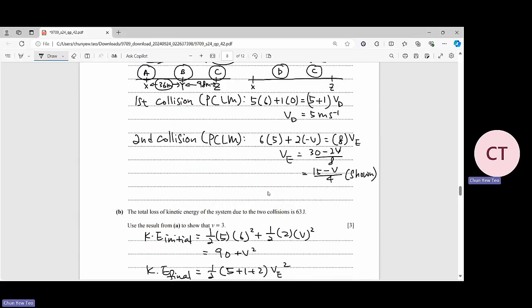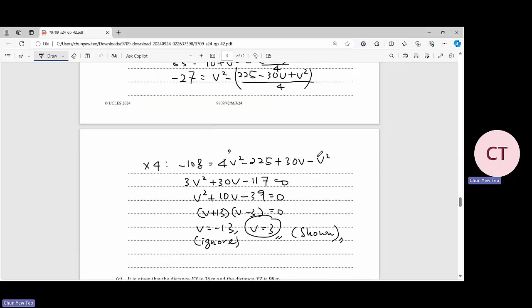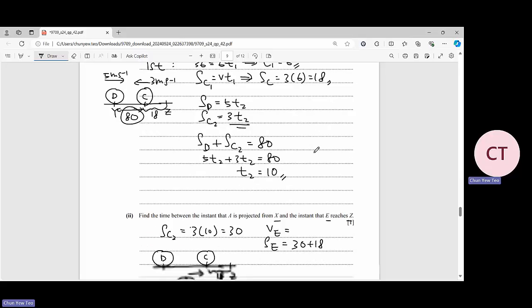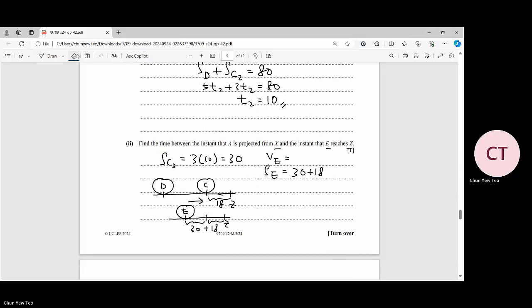The VE, we are using this value, changing the V become 3. You get 15 minus 3 over 4. So over here, you get 15 minus 3 over 4 is actually a 3 meter per second.